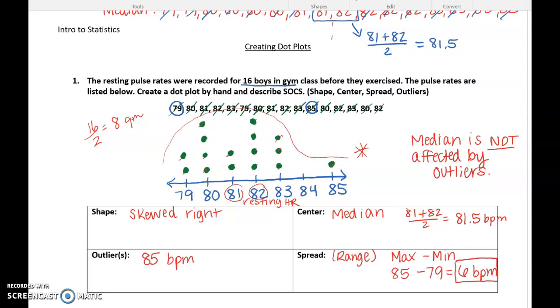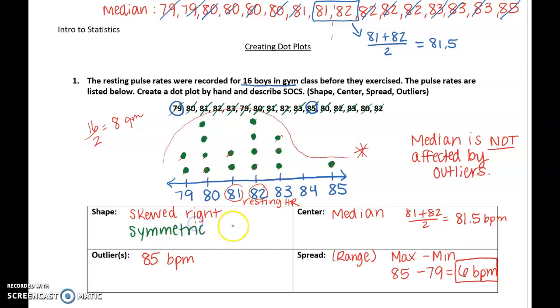Now I'm going to go back to this particular case. Another way you could describe this shape is symmetric with an outlier. I'm having trouble writing in my boxes here.